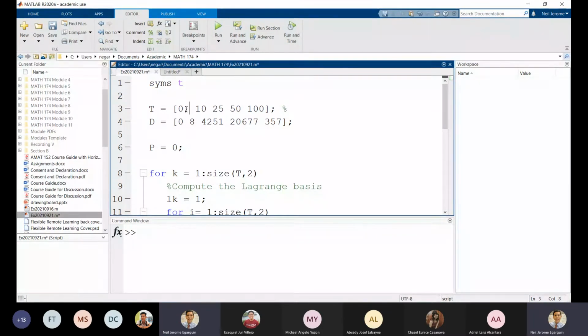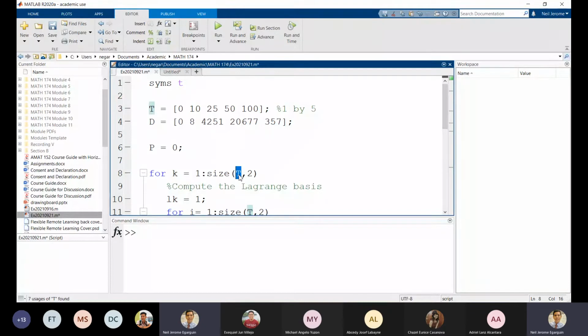So ibig sabihin, iti-treat to ni MATLAB as a matrix of one row by 5 columns. So it's a 1 by 5 matrix. So yung size, kino-compute niya yung dimension ng matrix T. So kung size of T lang yung ipapakompute ko kay MATLAB, ang ibibigay niya sa akin ay 1, 5.